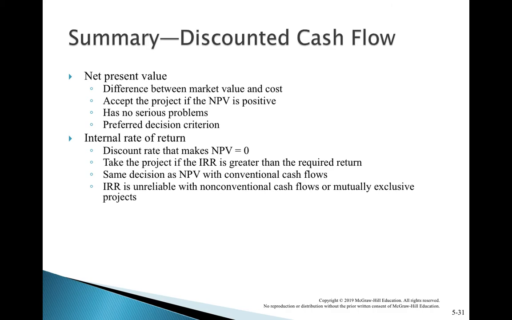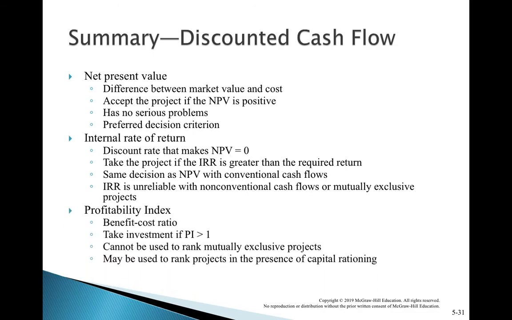But IRR is unreliable with non-conventional cash flow and mutually exclusive projects. Unconventional cash flow means the sign changes in between: cash outflow minus, cash inflow plus, again cash outflow minus, again cash inflow plus. If there are multiple sign changes, IRR is unreliable. It is again unreliable for mutually exclusive projects.